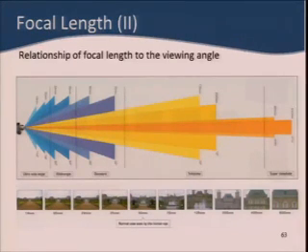Right. Okay, so that's the first observation. If you increase the focal length, the angle of view will become more narrow or smaller. The second thing you notice is that as you increase the focal length, the object size becomes larger and larger. So these are the two impacts when you adjust the focal length.